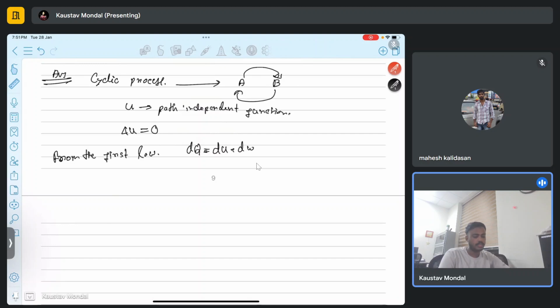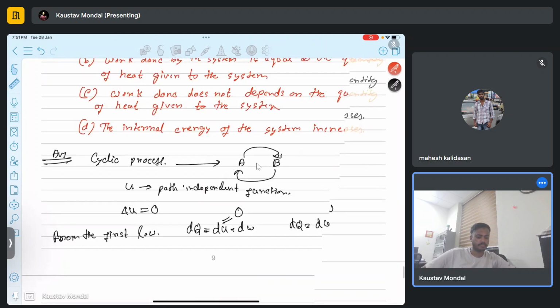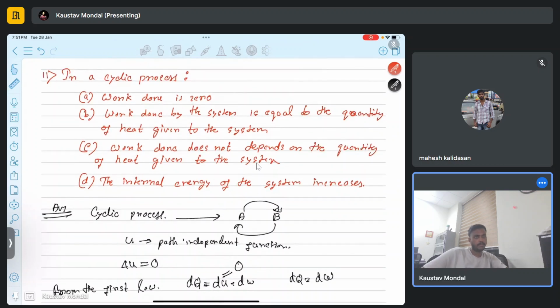So here du will be equal to 0, because the change in internal energy is 0 for a path independent function. So basically dq becomes dw here. What does that mean? That means the heat will simply be equal to the work done. So that will be option B: work done by the system is equal to the quantity of heat given to the system. So option B is the correct option here.